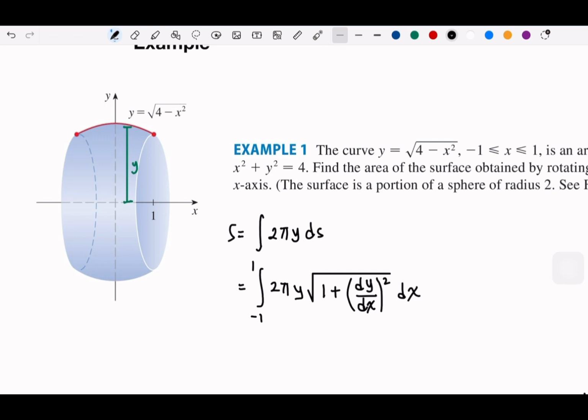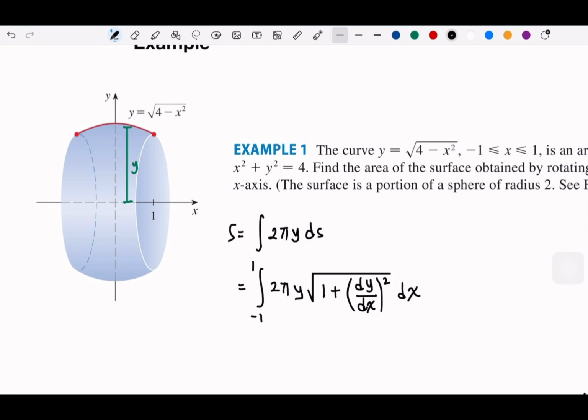Okay. And now, what we should do next is we need the first derivative. We already have this, then we need to derive, and then we have this y. We need to also substitute this y into the function of x.